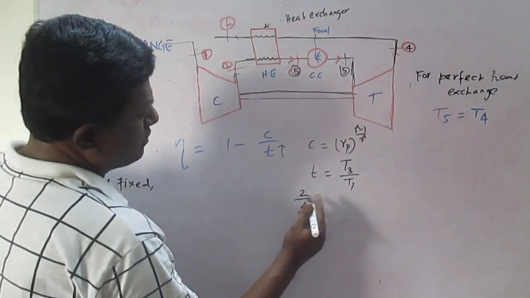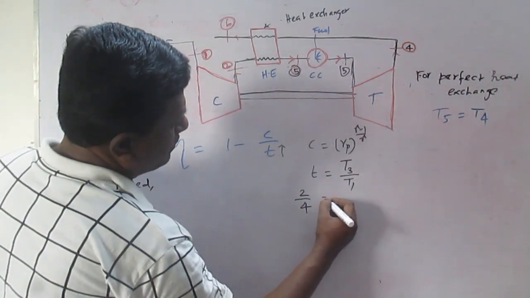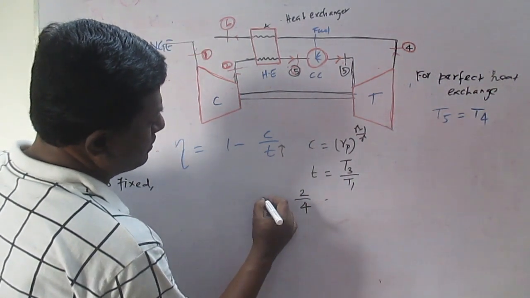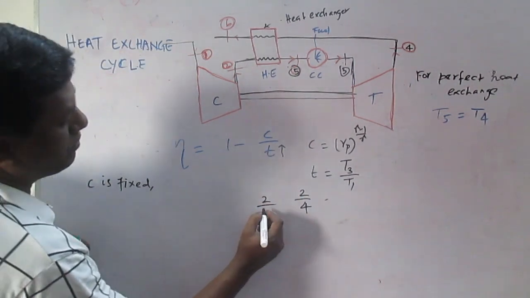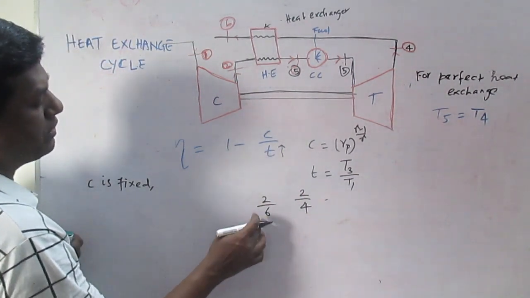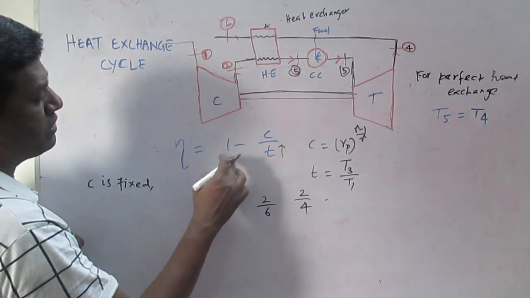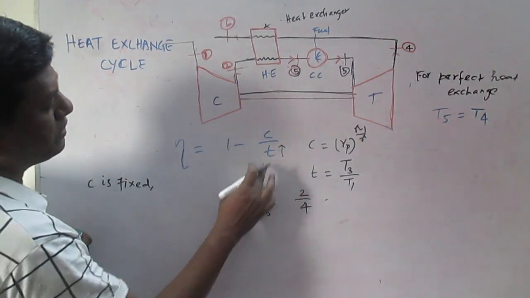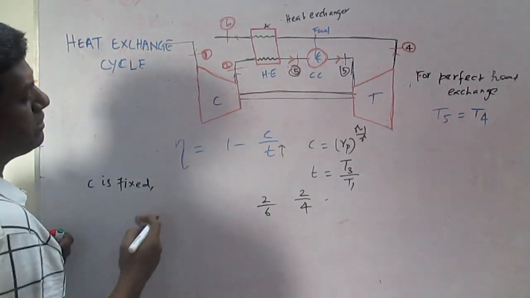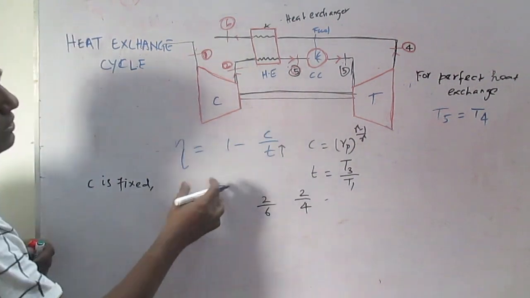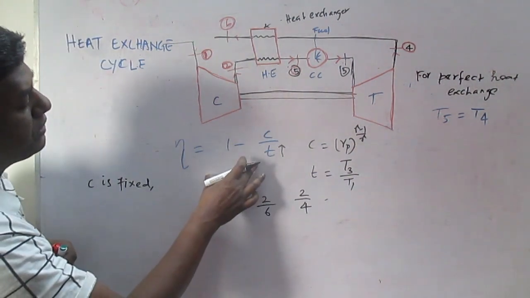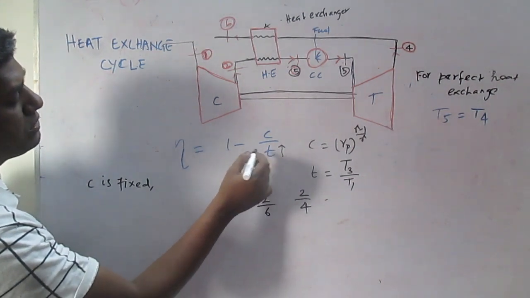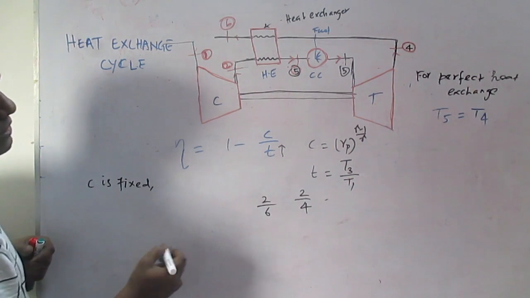Suppose you go for a higher value: if C is 2 and T is 6, it is 1 by 3, so 33%. That means the efficiency is increasing. This ratio becomes 0.33, so the efficiency becomes 67 point something.